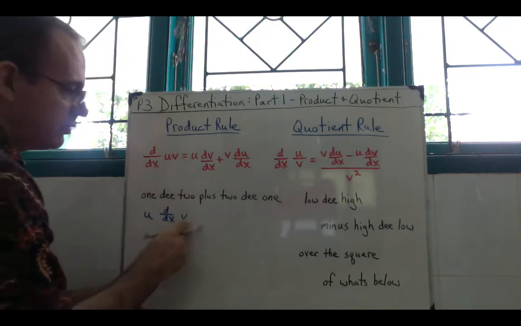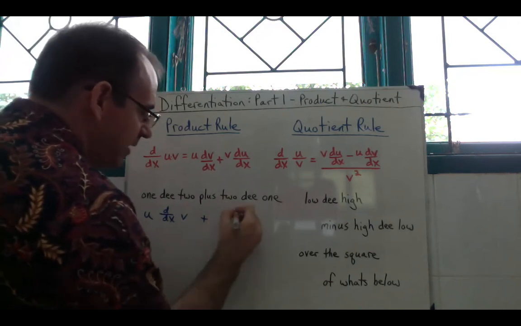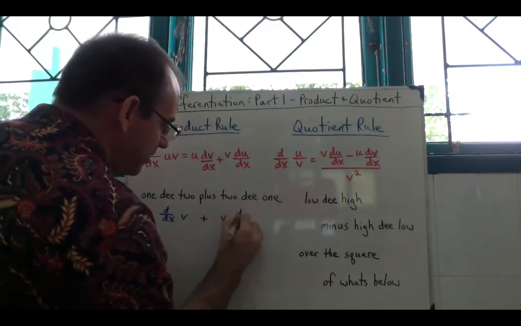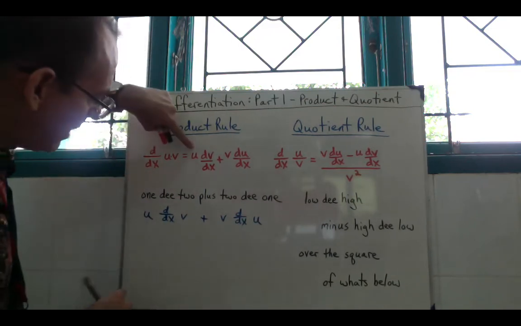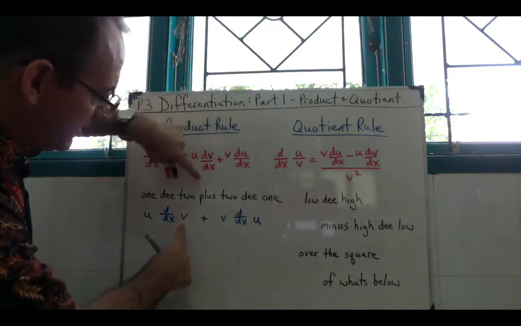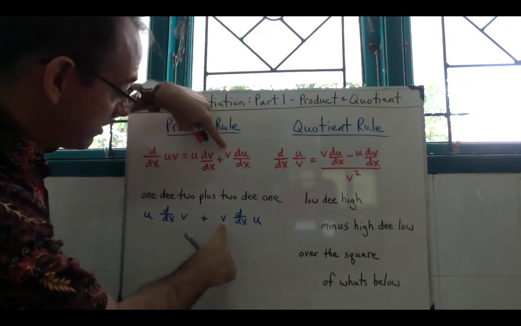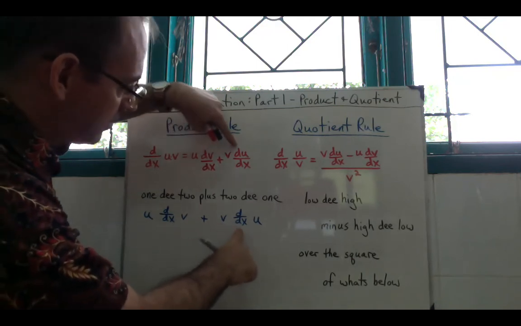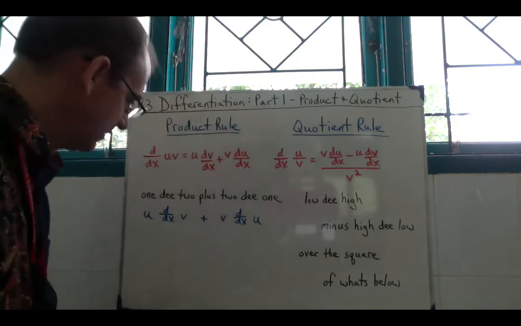So 1d2 plus 2, the second term, times the derivative of the first one. So here you can see 1, the first term, d2, that's dv dx, plus 2, the second term, times d1, du over dx.